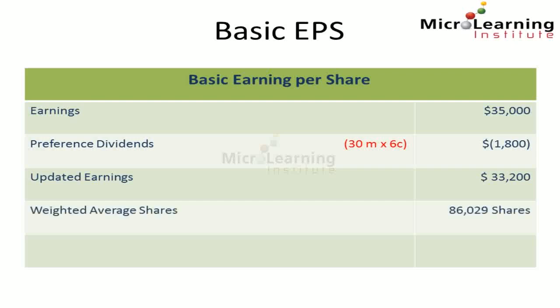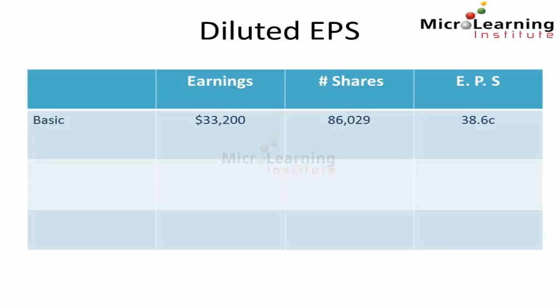We've already calculated that the weighted average number of shares is 86.029 million. So the basic earnings per share is 38.6 cents. That is the $33.2 million divided by the 86.029 million shares. The next thing we look at is the diluted earnings per share.